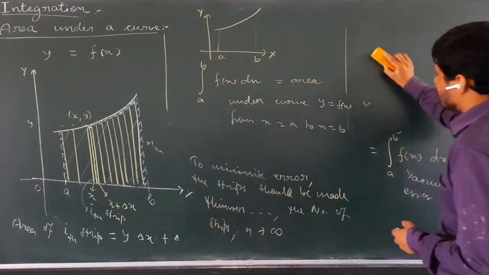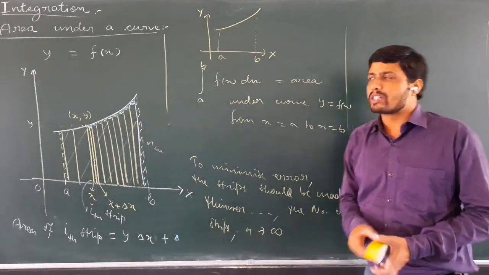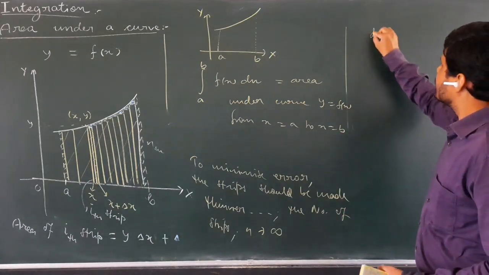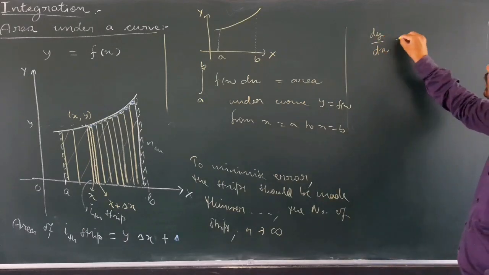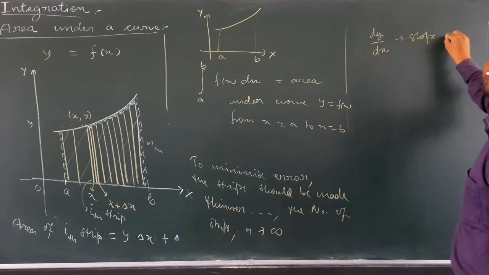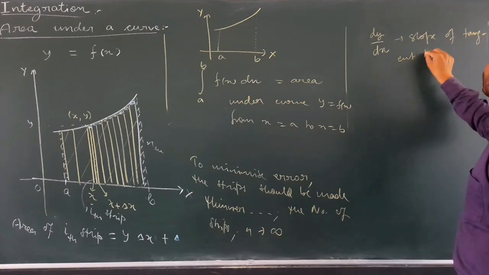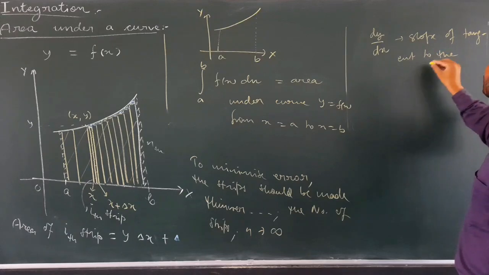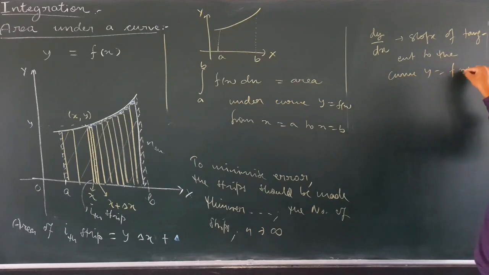Now, having understood this, let me remind you of the derivative when we discussed. There I had discussed that dy by dx, the derivative of y with respect to x, is the slope of the tangent to the curve y equal to f(x).